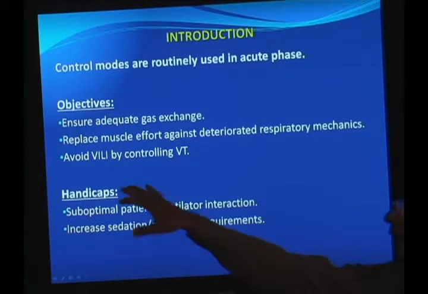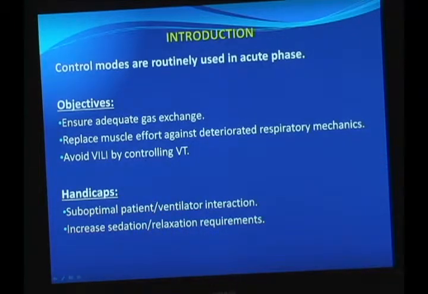And also, in recent years, we want to avoid ventilator-induced lung injury that can be produced when the patient wants to take more air, taking big tidal volumes that in the long term can damage their lungs.